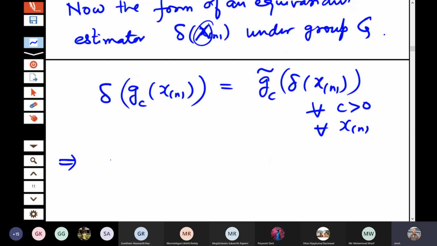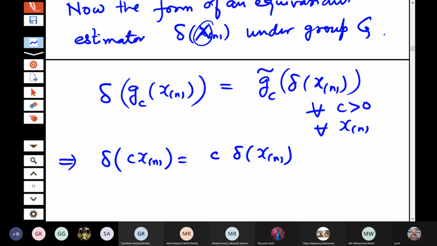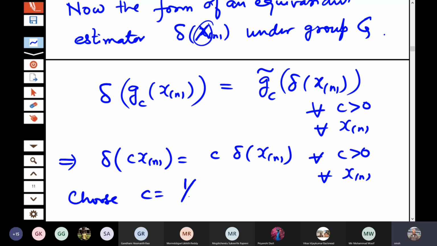So this means delta of Cxn is equal to C times delta of Xn for all C, for all Xn. So what we do, we choose here C equal to 1 by Xn.